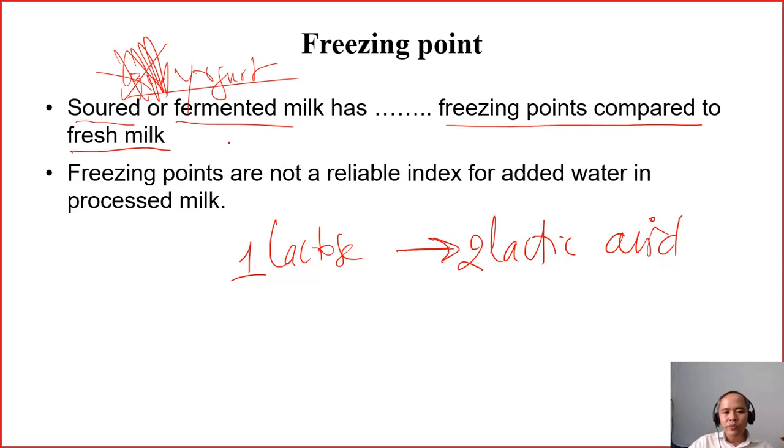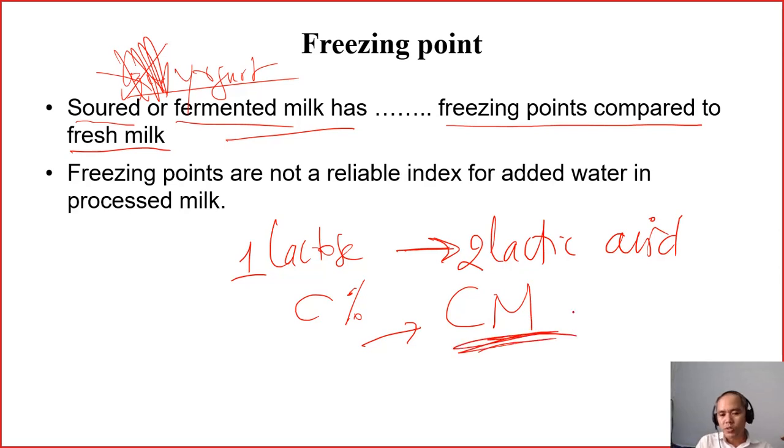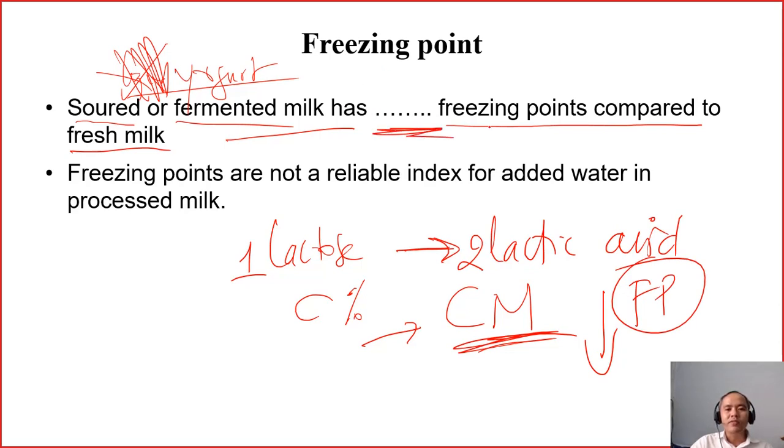So when we do fermentation, we don't change the concentration of dry matter based on percentage, but actually we increase the molarity, the number of moles. When we increase the number of moles, then we reduce the freezing point. So the freezing point of fermented milk is lower than the freezing point of fresh milk.